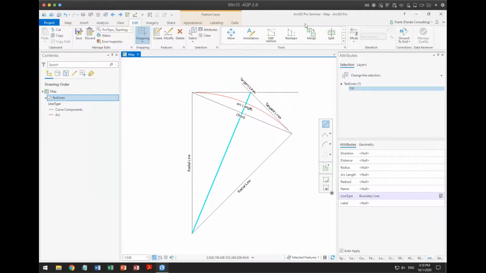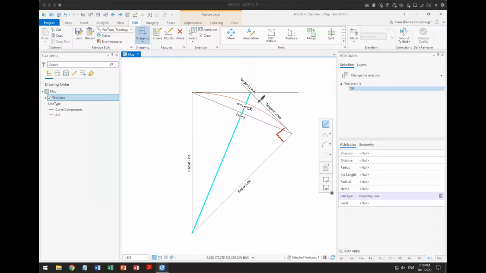When I look at this now, I can see that if the tangent line and the radial line are at 90 degrees, then the total angle included within a triangle is 180 degrees.